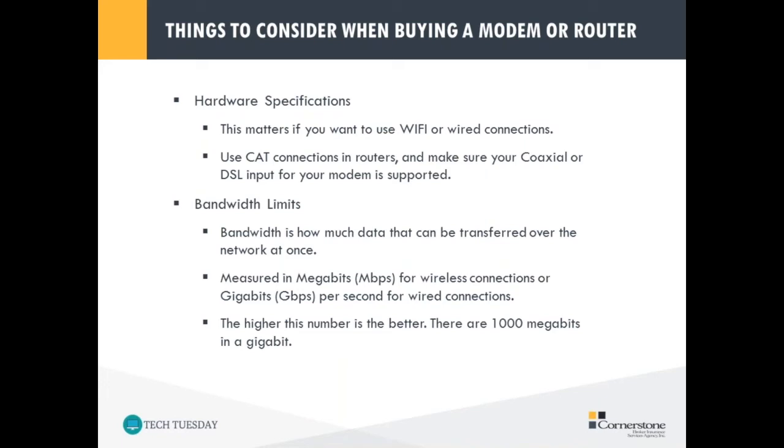I would make sure you call and reach out to your ISP before trying to set this stuff up, because believe it or not, some ISP networks do not work with other pieces of hardware. So get your modem first, or your modem-router two-in-one, and I would try to select that by talking to your ISP. So pick one out, make sure you think you know what you're going to buy, call your ISP, ask them if that will work on their network. If they say yes, buy it, and then connect up to the network.